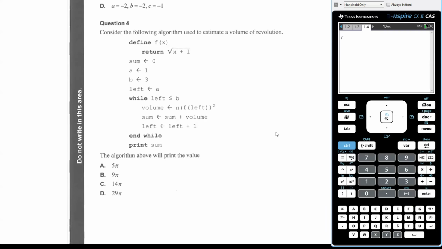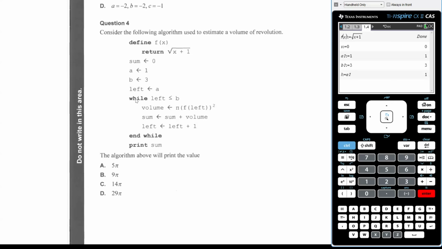Therefore, I'll define f of x equals square root of x plus 1 first. Then I'll call sum s, assigned to 0. Let's call a1 assigned to 1, b1 assigned to 3. And for the left, I'll call it the letter L, L assigned to a1.